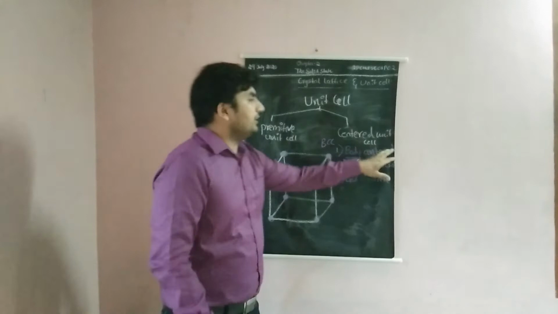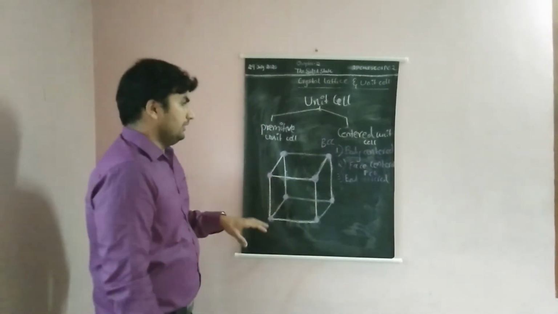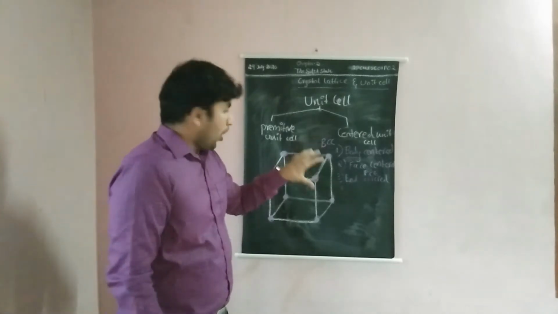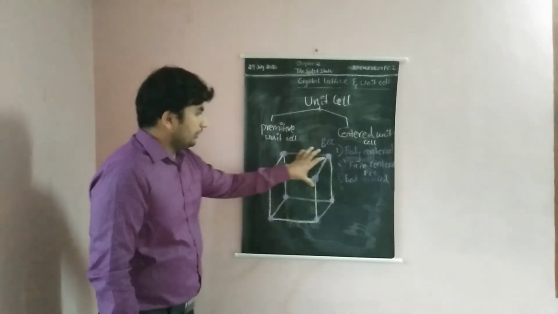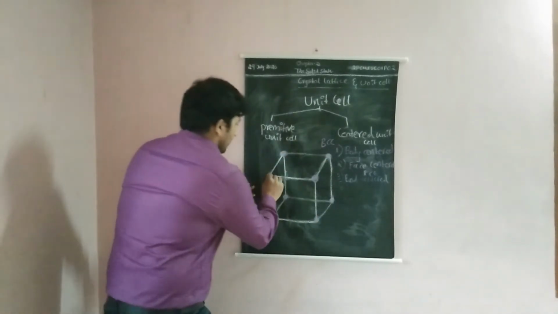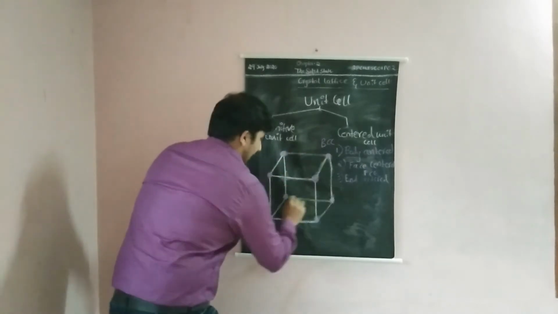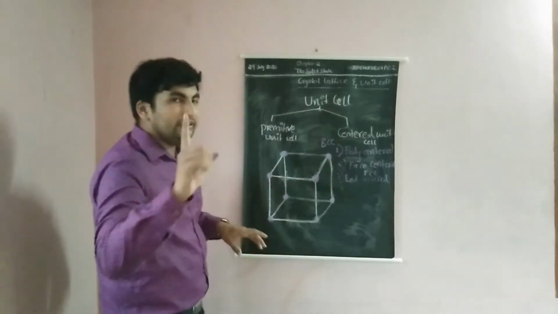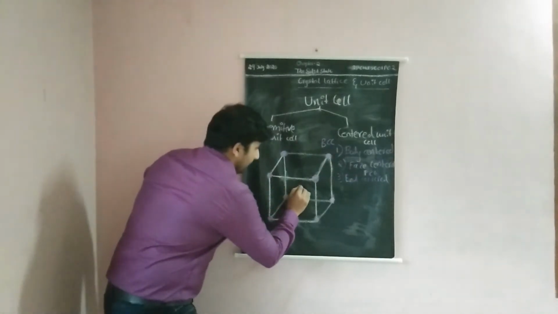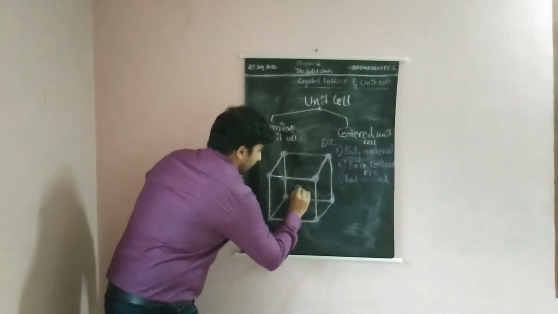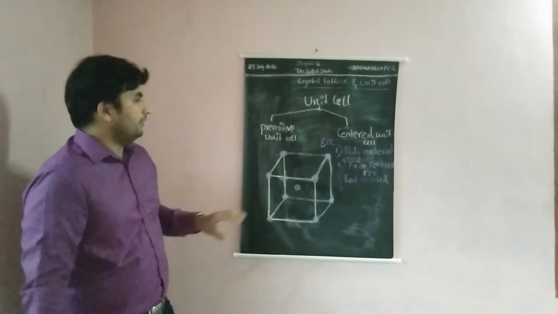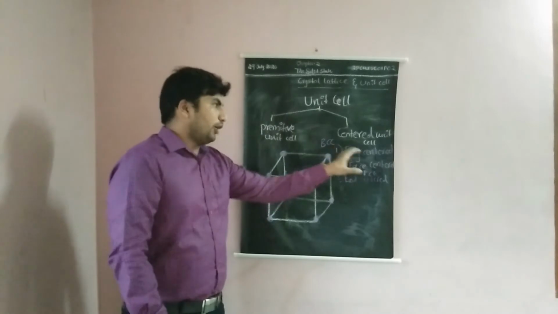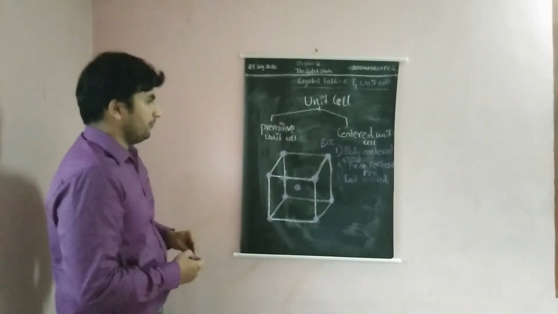See, a body centered unit cell means that constituent particles are placed at the corners, that means at the 8 corners or 8 lattice points of the unit cell, along with one constituent particle placed at the center of the unit cell. This type of system is called BCC or body centered cubic unit cell.